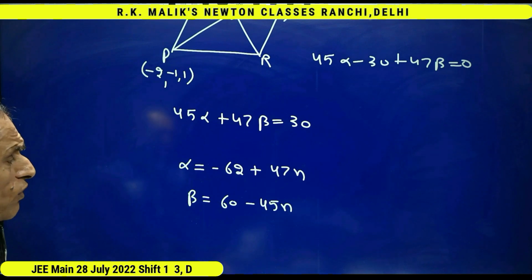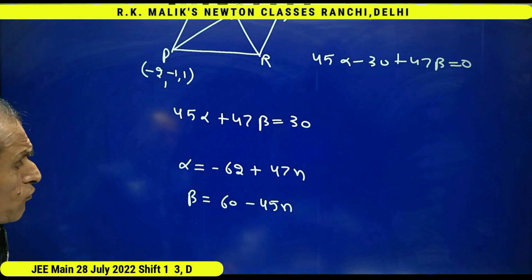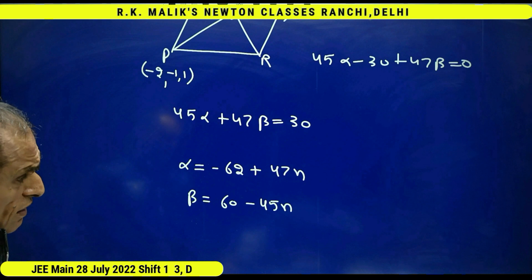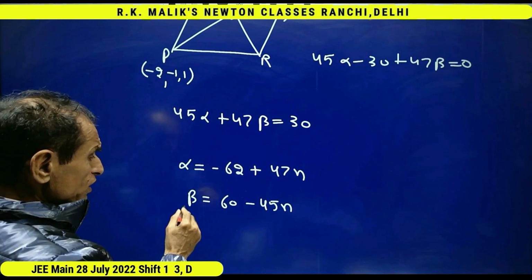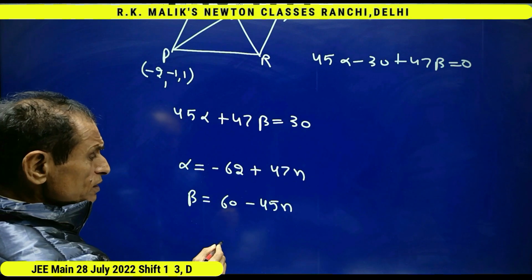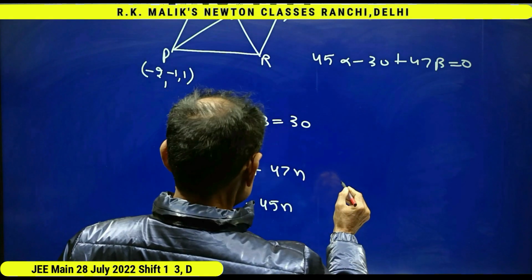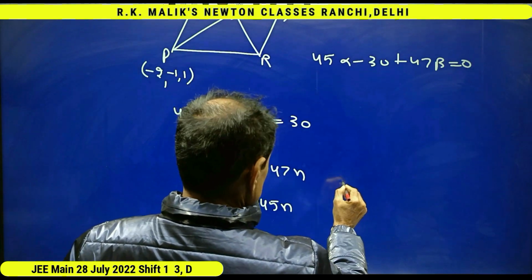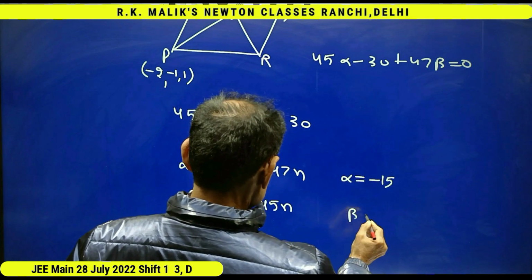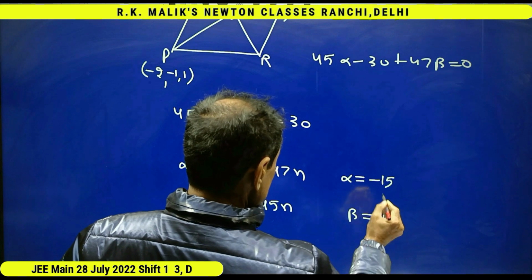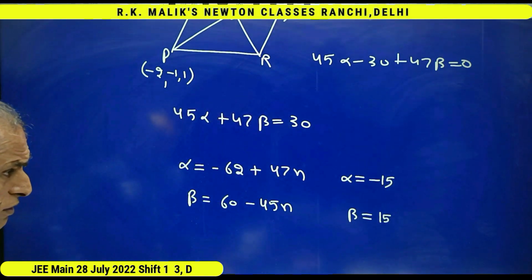And because I want to find the minimum absolute value of alpha and beta, it is clear that if I take n equal to 1, the values of alpha and beta you will be getting will be least in absolute value. Alpha becomes equal to minus 15 and beta equal to 15 by taking n equal to 1.